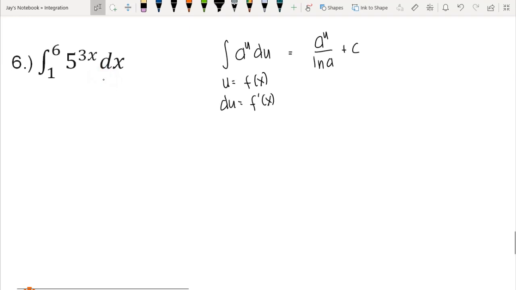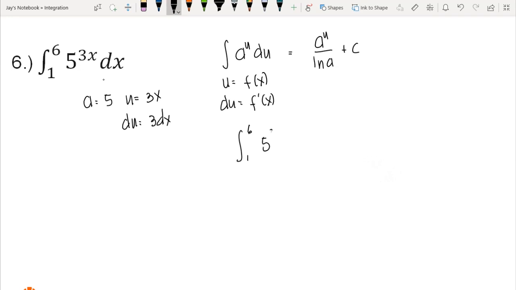Now in this case, our a is equal to 5, our u is 3x, therefore our du here is 3 dx. Now take note, the same procedure with other integration rule, we have our du here should be 3 dx, but take note we only have dx, so we multiply 3, outside we have 1/3.